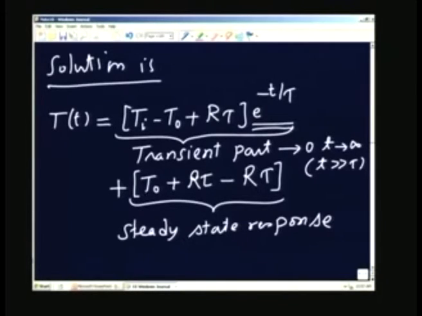It is nothing but T naught plus R t, which is nothing but the input, that is the rate at which the ambient temperature is changing.